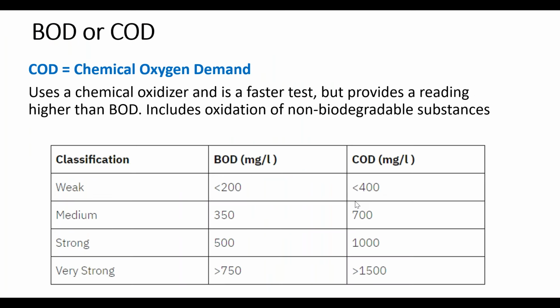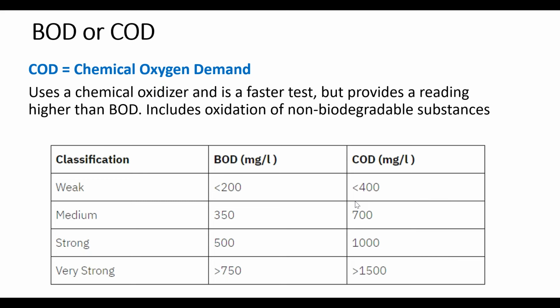You can also use COD, chemical oxygen demand. That is a quicker test. Instead of 5 days, you can do it in 4 days. However, you need to calibrate it to your particular plant. Here's an example calibration. This is not a calibration that you can just use on any plant because the chemical oxygen demand also oxidizes the non-biodegradable substances.